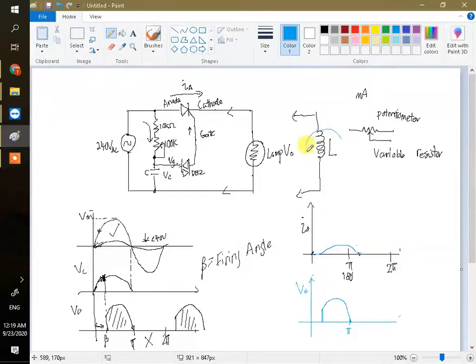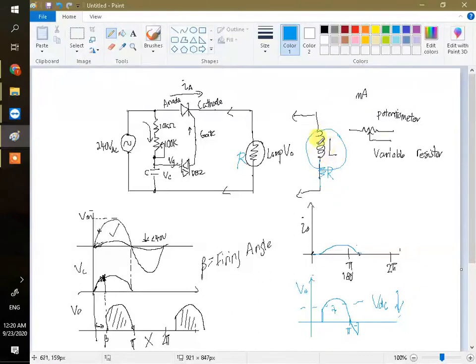When you use the inductive load, this is for a resistive load, R. This is for an inductive load plus resistor, a small resistor but a big inductive load. And then here it goes over, like this. You can see here a positive voltage, here a negative voltage. So overall, the VDC or the VRMS will be smaller. We will reduce the output voltage.